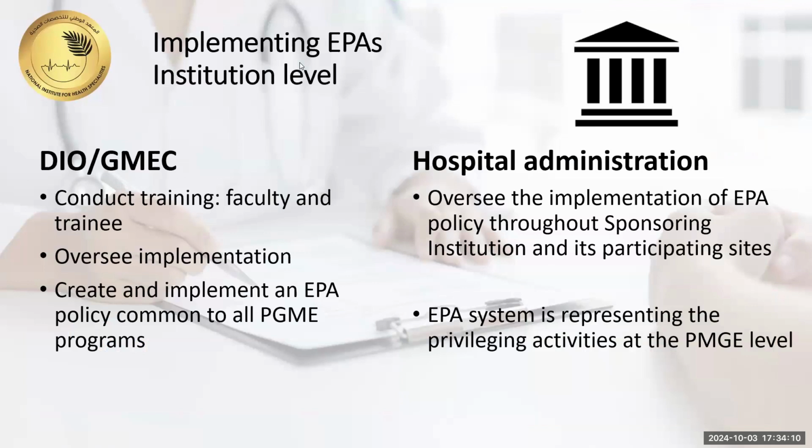So basically, the DIO and the GMAC have to conduct the training and be sure that these trainings are fruitful and targeting the EPA subject. They have to oversee the implementation, and very important, they have to create and implement a policy about EPAs. And this policy is a common policy to all postgrad medical education programs in that institution.